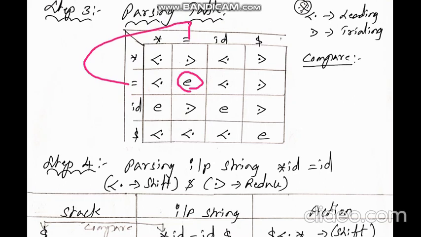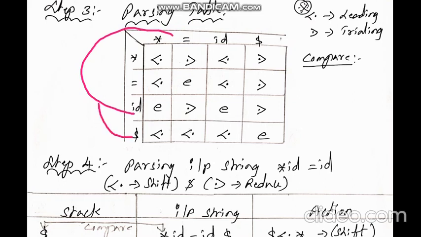There are no matching symbols. Matching symbols are only two kinds, one leading and another trailing. If you are not finding any matching symbols, then kindly put it as E. E means error. That's it. In the same way, we are going to do this for ID and dollar, and all the rest.